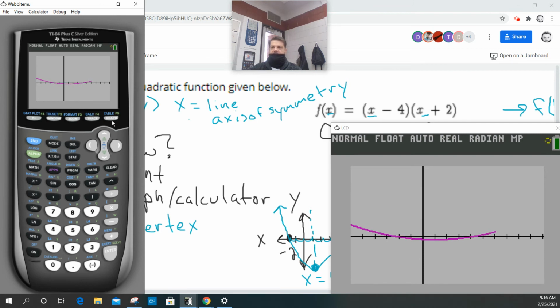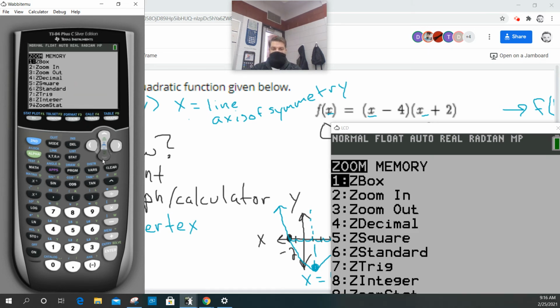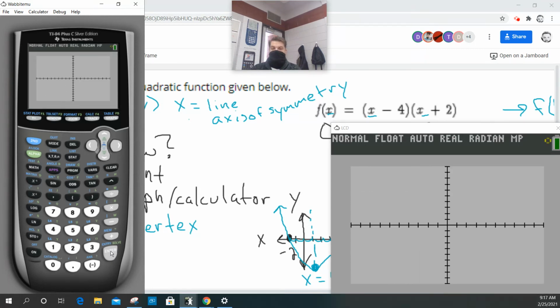Oh, shoot, I don't like that one. So now this time I'm going to hit zoom, and I'm going to go down to the standard. Now z standard is from negative 10 to 10 for the x and y axis. I think that'll be fine because our vertex is at negative 9. Hey, that looks pretty close. Where does it cross? The exact same spot, right?